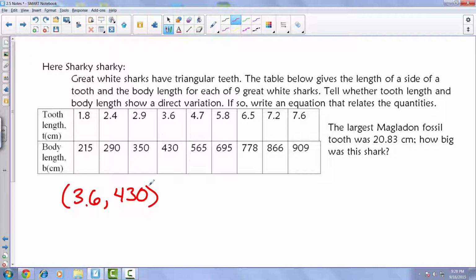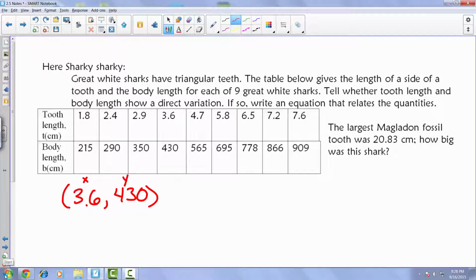Since we don't necessarily know how big the shark is, we can use the tooth size to determine that. So tooth size is our x variable, and our y variable is the length of the shark. Tooth size determines how long the shark is going to be.